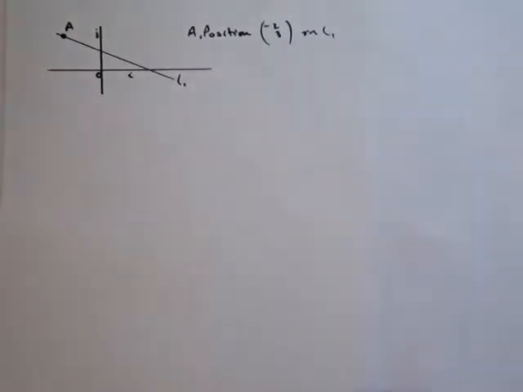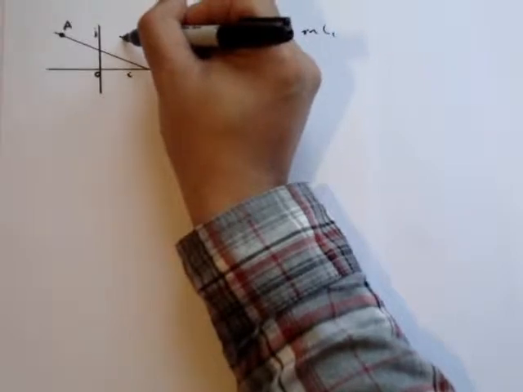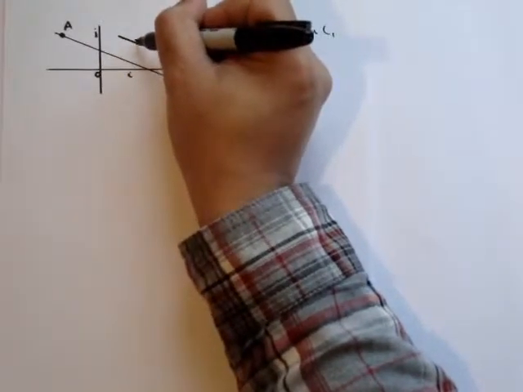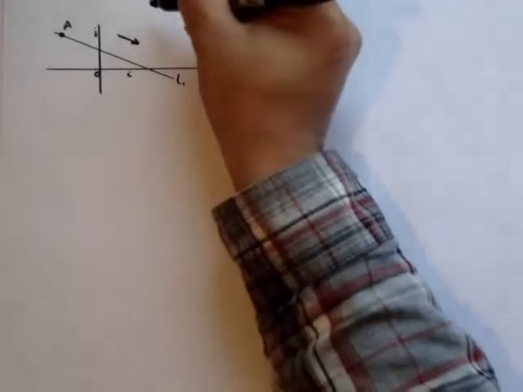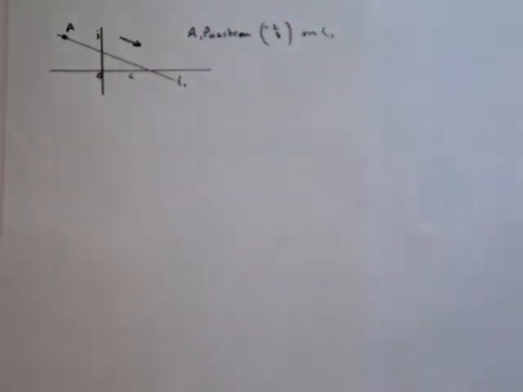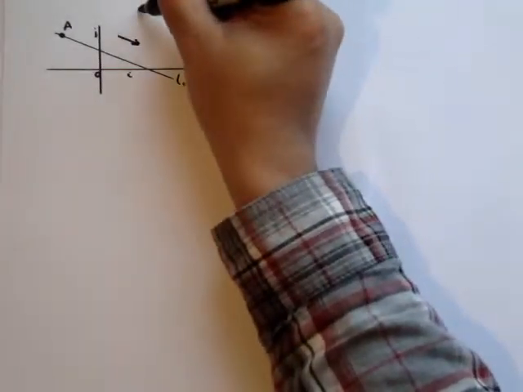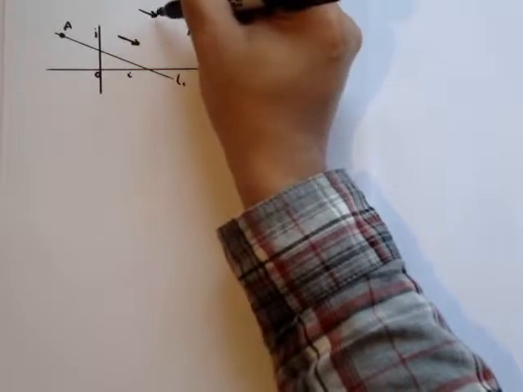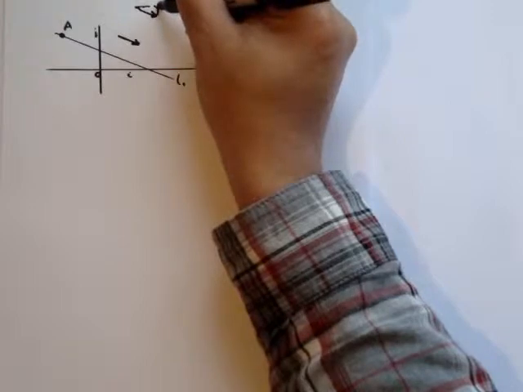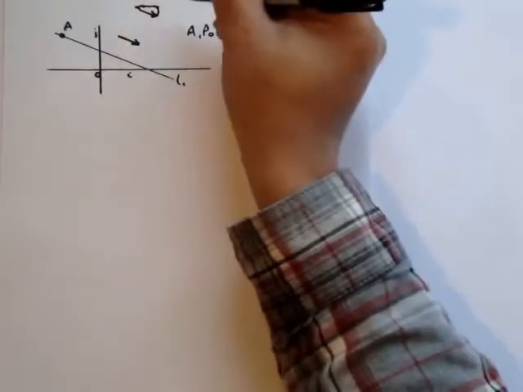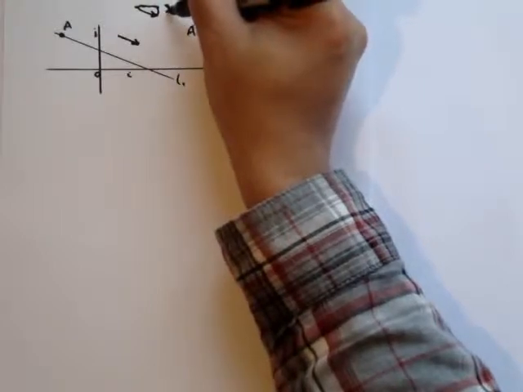Now if we take a vector parallel to the line, so it would be in this direction, and we work out the vector, if we draw a triangle, it's going to be the rise over the run, which is going to be, say, (2, -1).